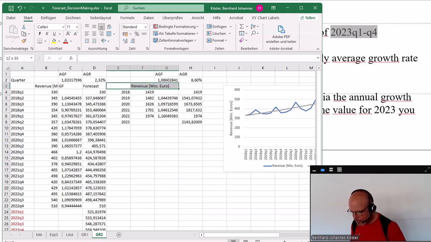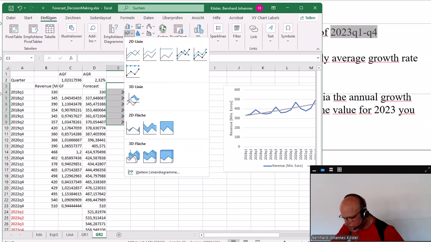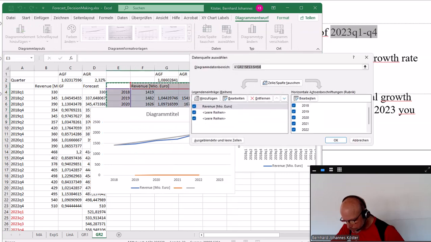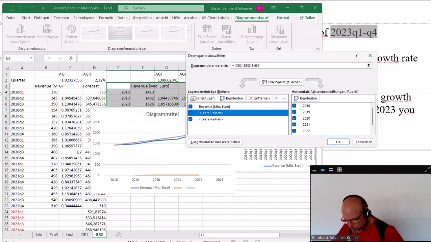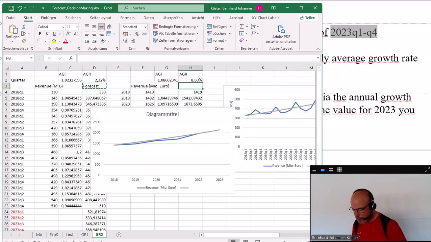And let's also plot this here. And this is also the forecast.